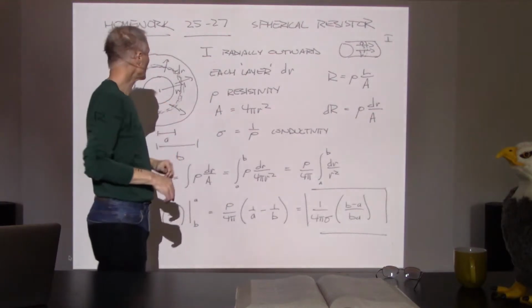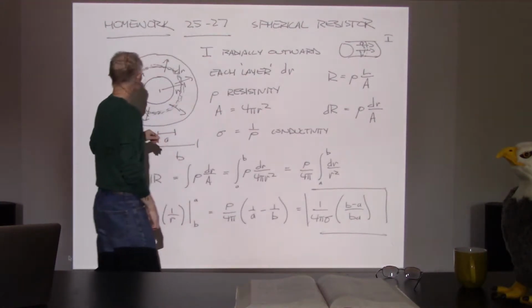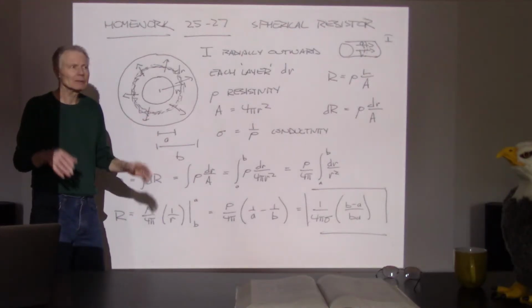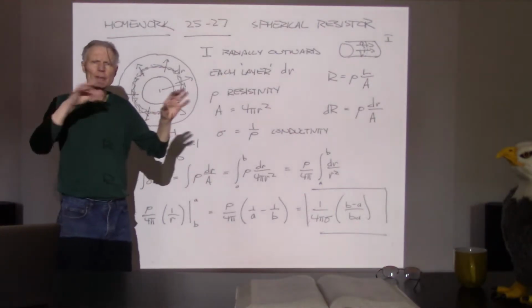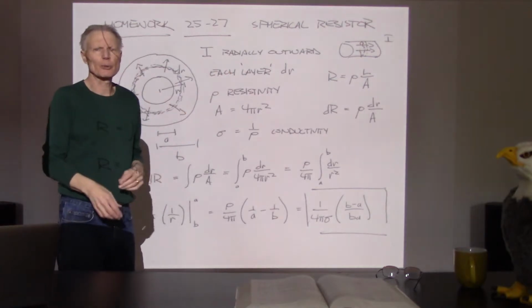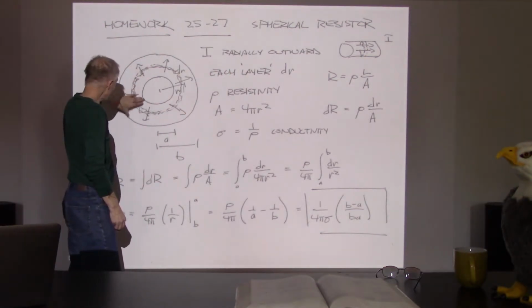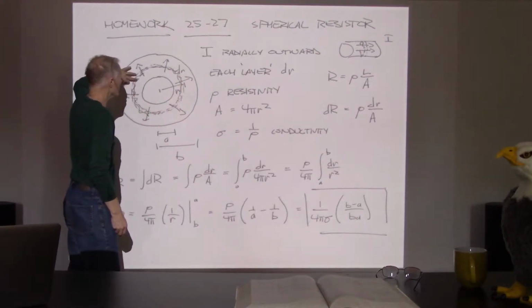And that's what's going on with a spherical resistor. I don't know how they built this, but you guys, when you're out there engineering different devices, you can make a spherical resistor and see if this really works. It's some kind of hollow sphere.